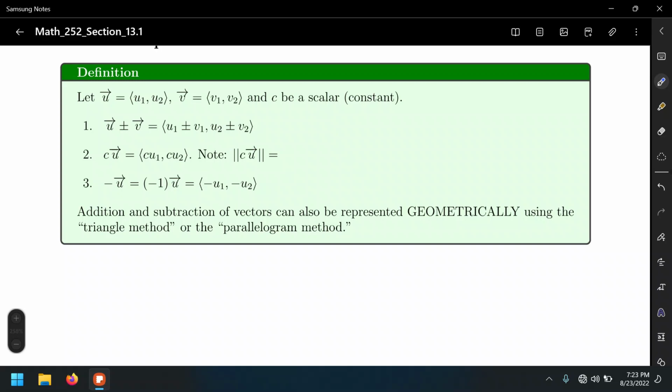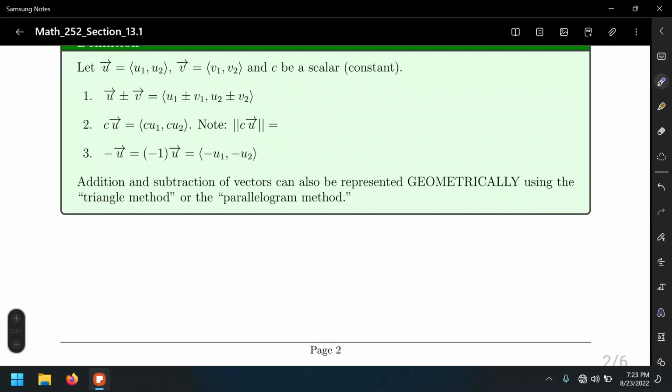Suppose we have 2 vectors, a vector u with its components u1 and u2, and a vector v with its components v1 and v2. And c is going to be a scalar to multiply those components. If we want to add the 2 vectors, we add the x components, or subtract the x components, and the y components. And we're going to do that same thing in 3 dimensions in the next section. When we multiply a vector by a scalar, all we do is multiply the components by that scalar.